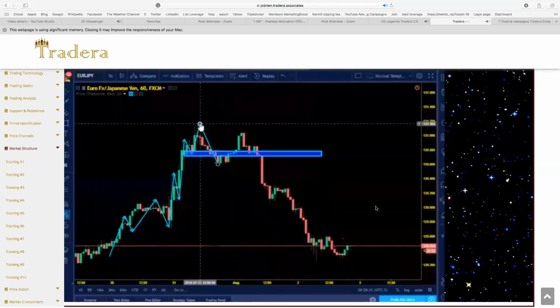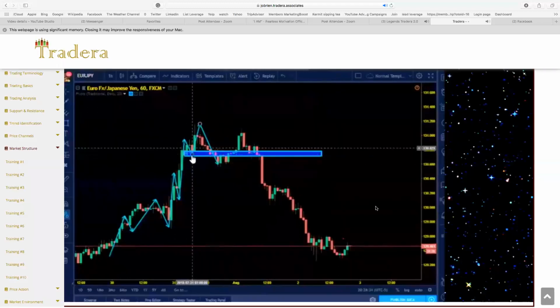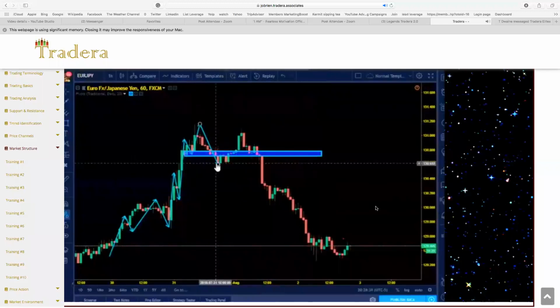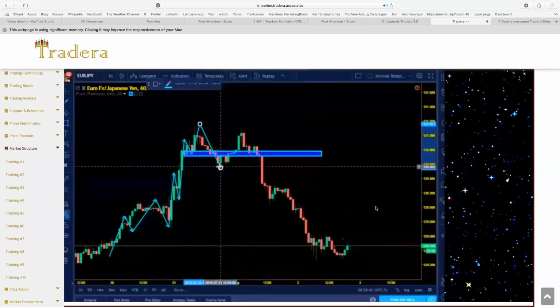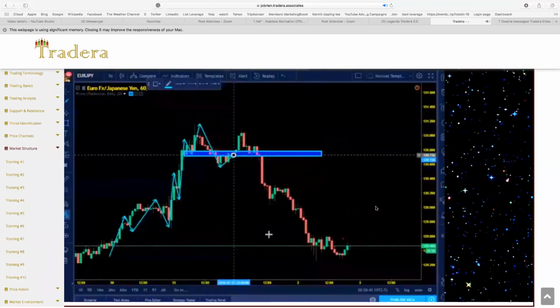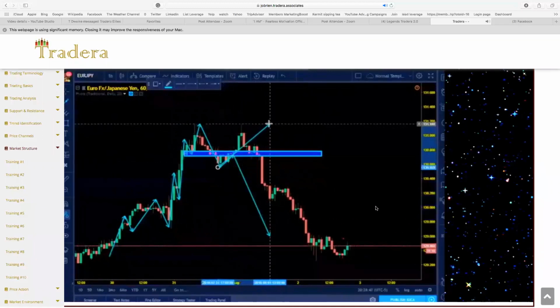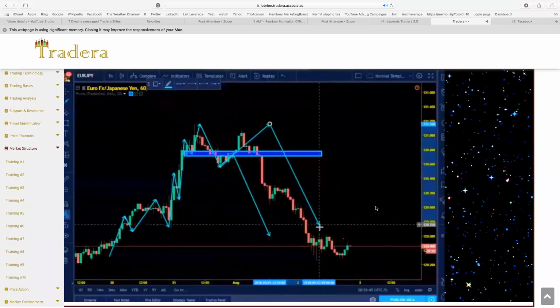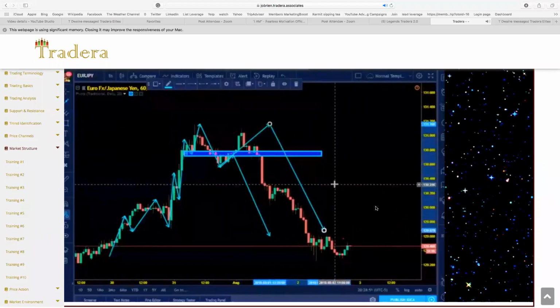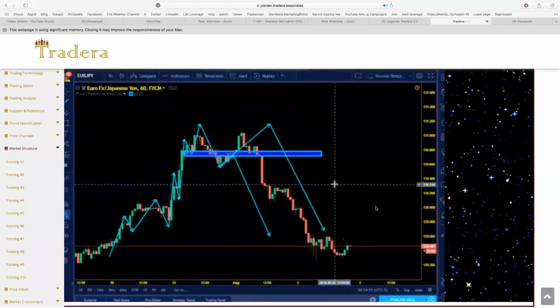When price breaks structure right here, it does not mean that price is going to retest perfectly every time and go. Price can come all the way back up to the high and then go. That's extremely important, guys, because if you don't understand that, you're going to get whipsawed and you're going to lose trades.